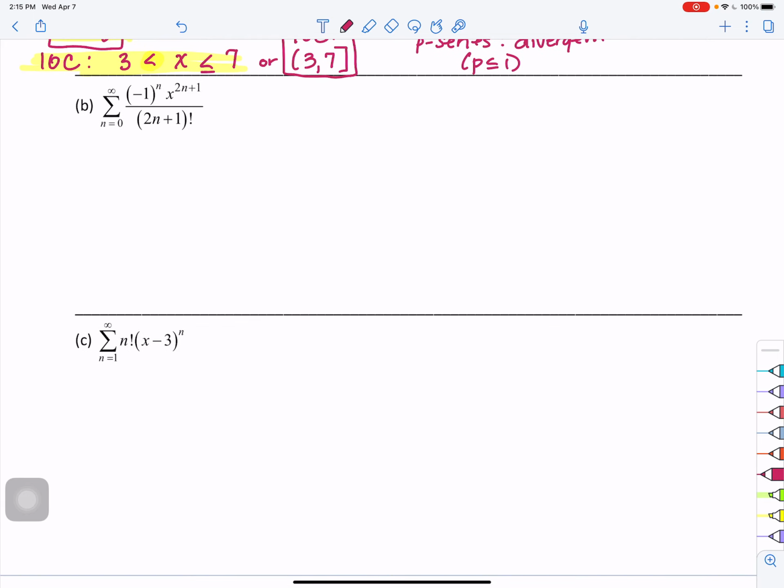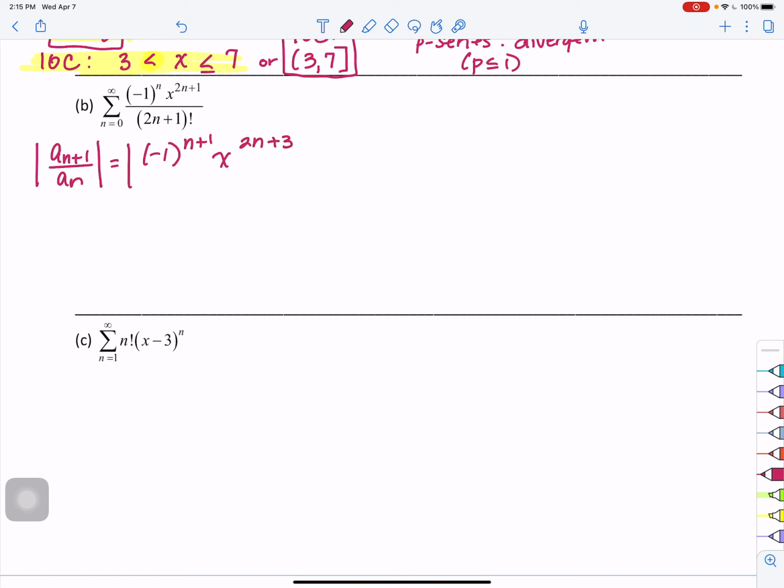Let's go ahead and take a look at the n plus 1th term over the nth term, because that will give us an inequality for convergence. And we'll just take our time with this. Negative 1 to the n plus 1, x to the 2n plus 3.